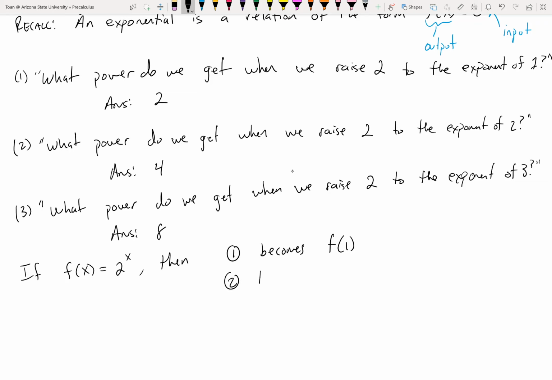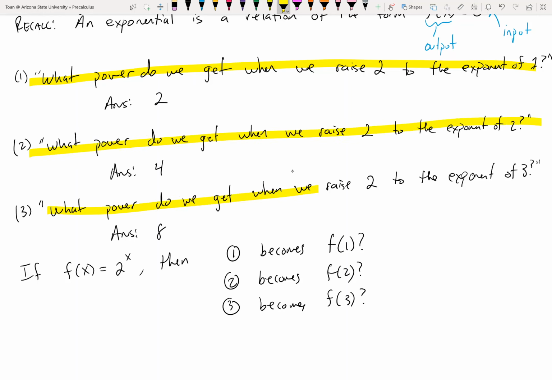Question number 2 becomes, what's f of 2? And question 3 becomes, what's f of 3? So take your pick. Do you want to write out all of these long sentences, or do you want to write this and then these 3 bits? So you can see how function notation can save a lot of headache and certainly our hand.